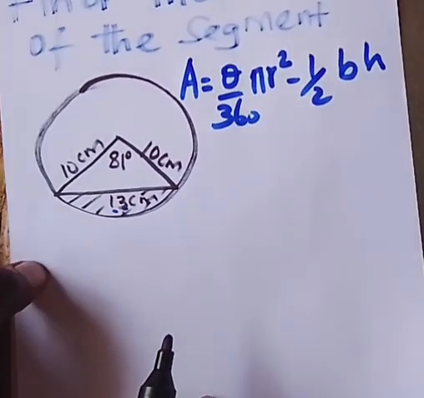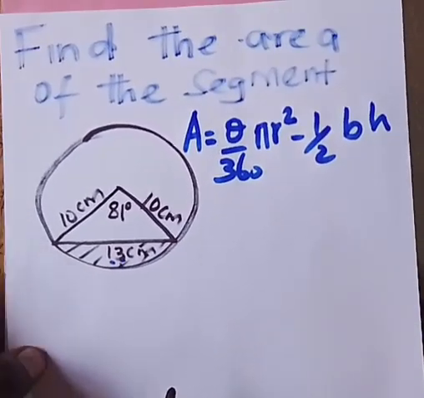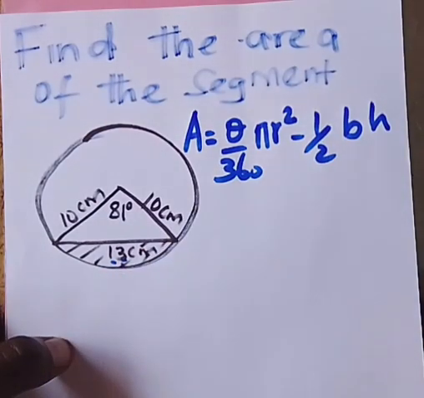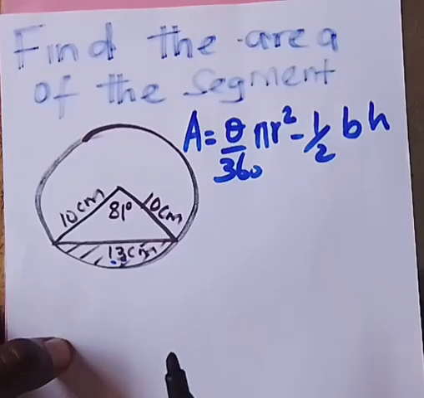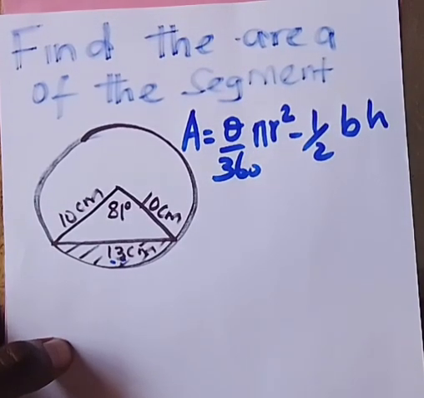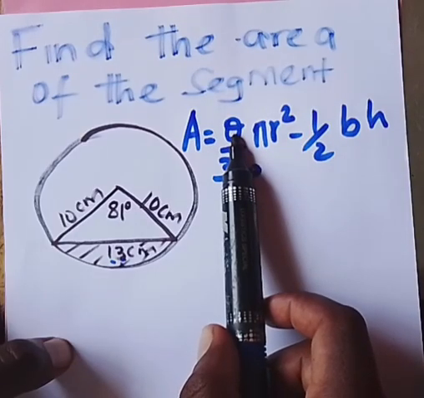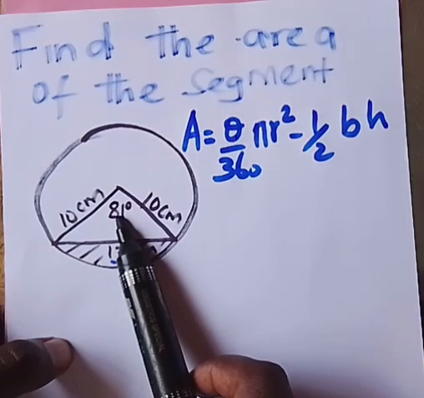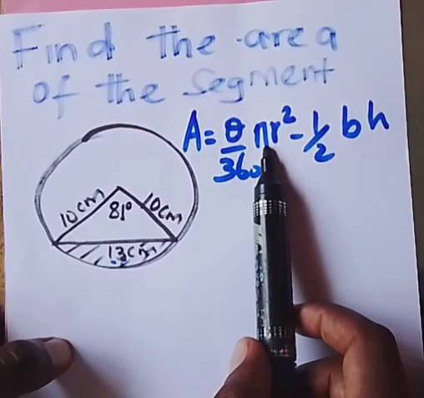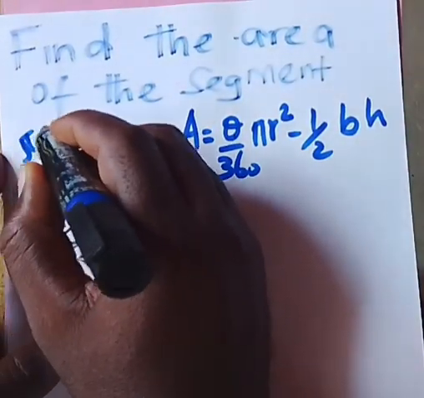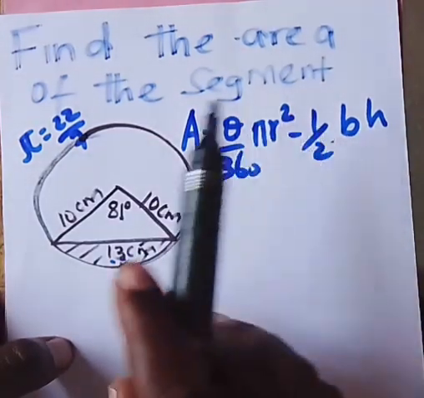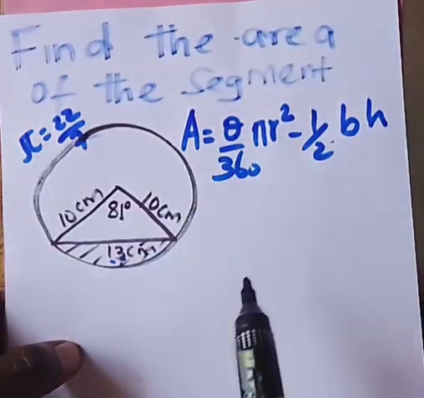So we want to substitute what we have in this question. But before, let's look at this formula. Do we have what we need? Let's look. Do we have theta? Yes, theta is 81 degrees over 360. Do we have pi? Pi is always 22 over 7. Then let's look at the formula for the triangle.